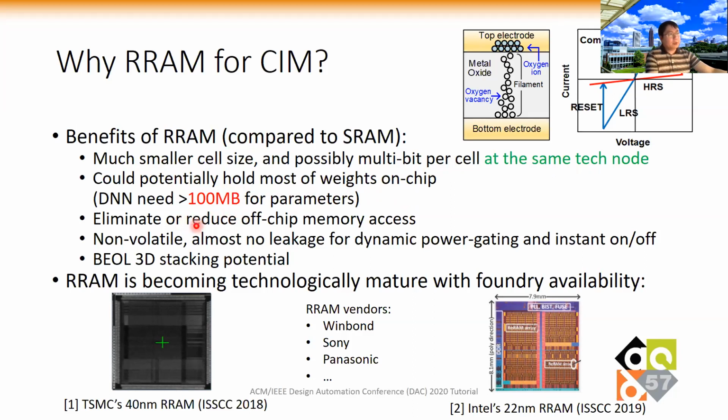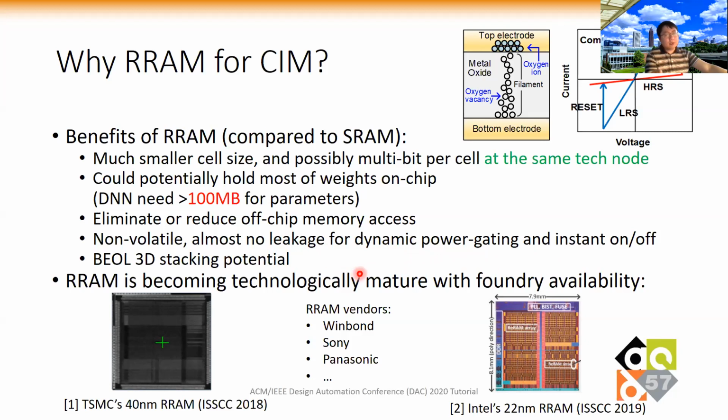Then you can reduce or even eliminate off-chip DRAM memory access, which is a bottleneck of the system performance. Also, RRAM is non-volatile. That means you can power off the chip in the standby mode without losing the data. This is very beneficial for the dynamic power gating for the edge devices where the standby may be frequent.